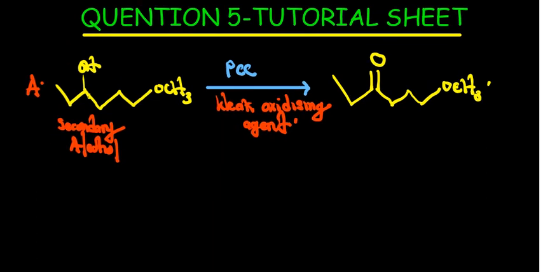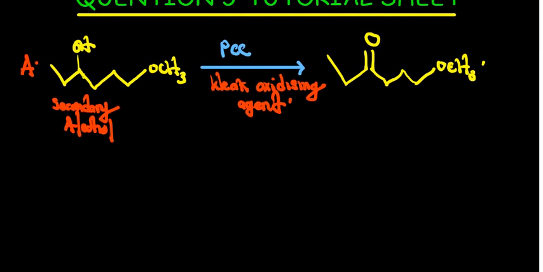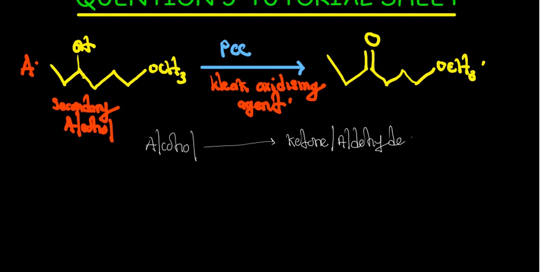One thing I'll point out is this. If you have an alcohol, this alcohol can be taken to a ketone or an aldehyde through a process, and that process is what we call oxidation.